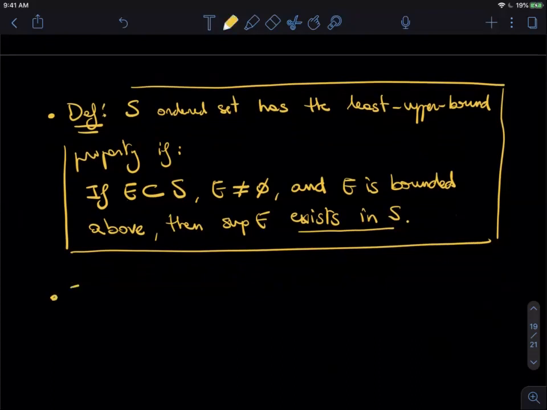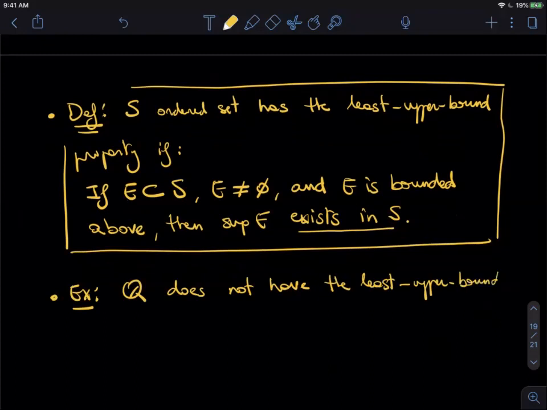We know already one example of a set that doesn't have this property. The rational numbers do not have the least upper bound property. Why is that so?